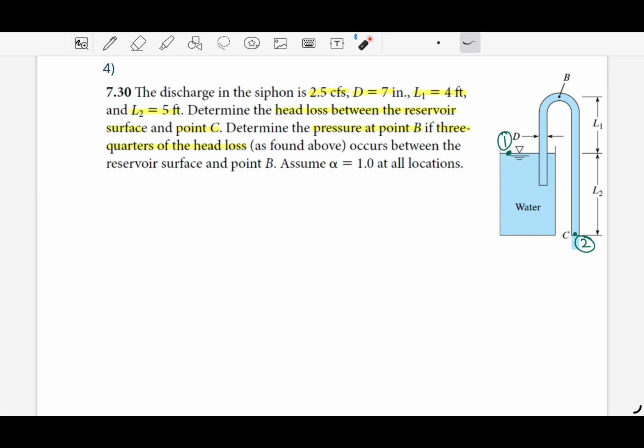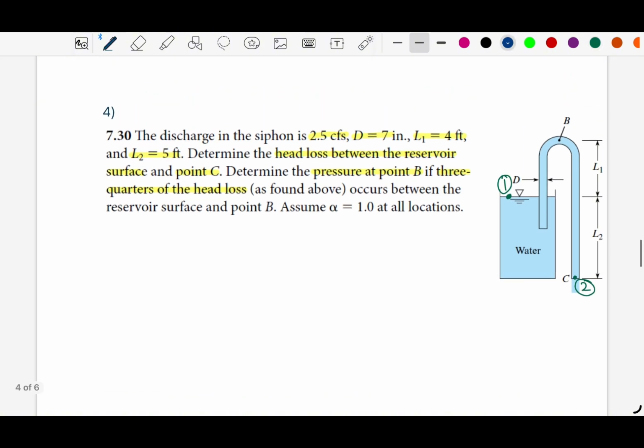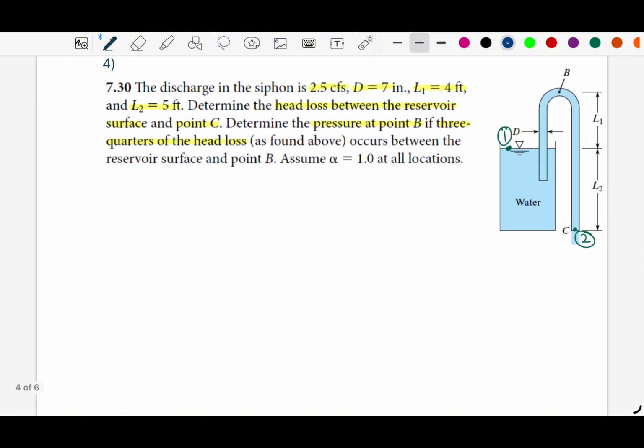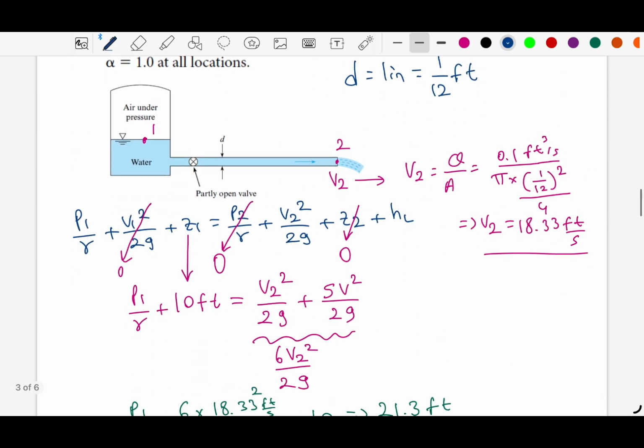So let's get started. Again, we will need to write the energy equation, and let me directly use this one.